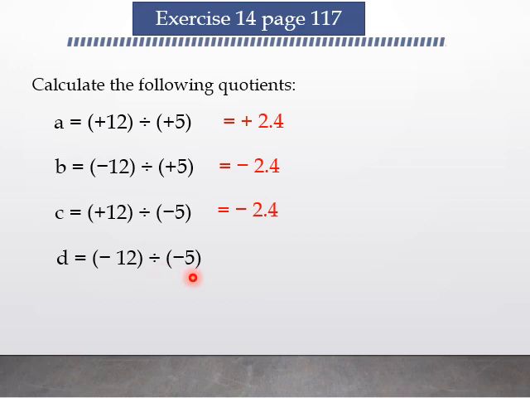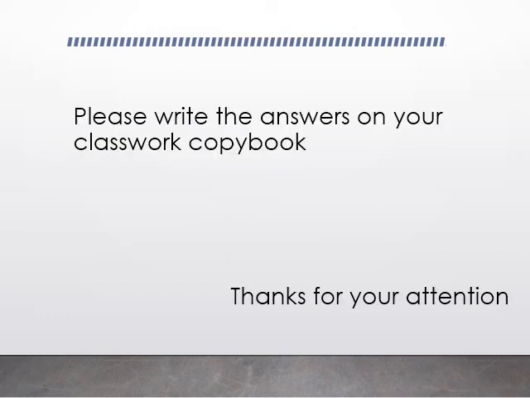Minus 12 divided by minus 5. Minus divided by minus, it's the same as counting the number of negative signs. Even, since I have two negative signs, then the result should be positive. And 12 divided by 5 is 2.4.